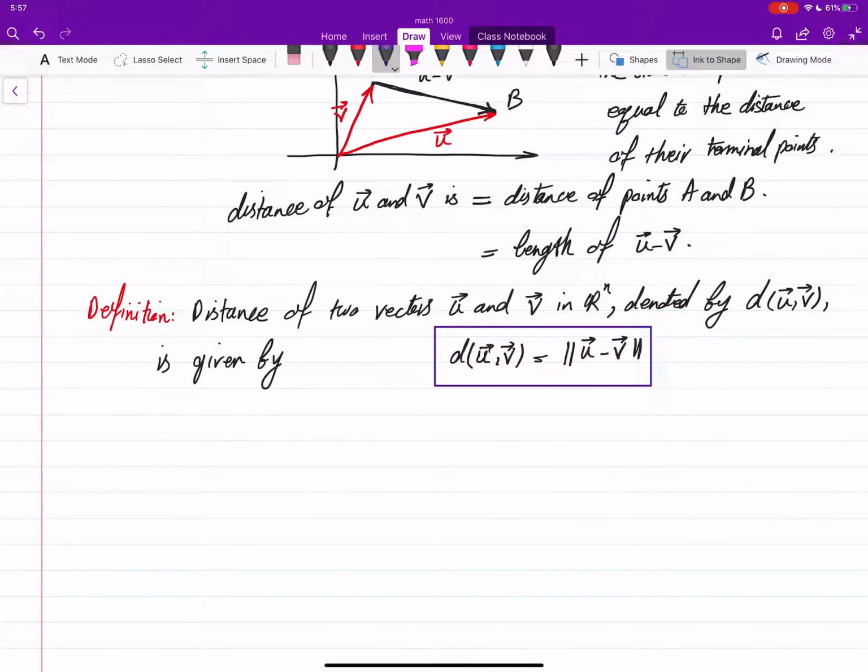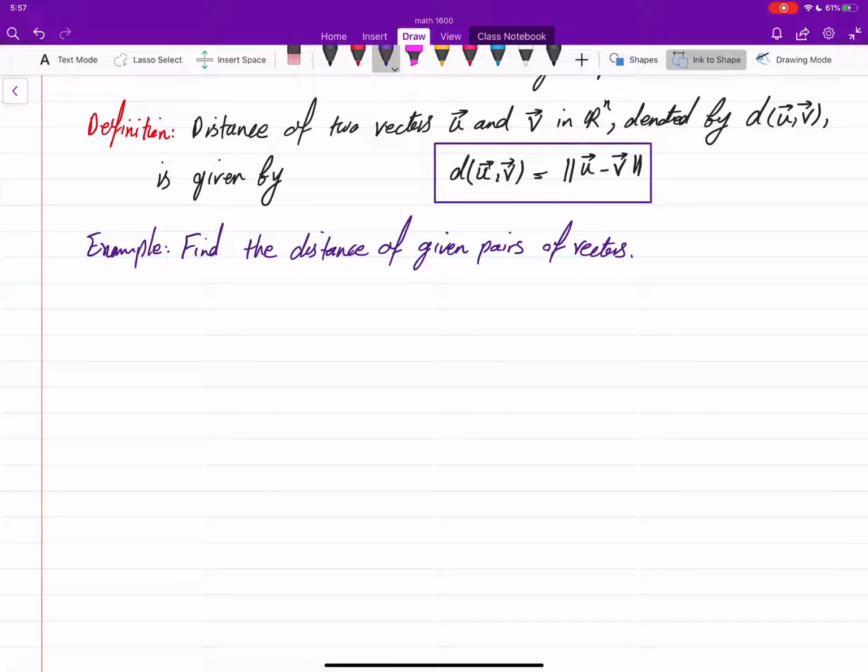So let's do some examples. Example: find the distance of given pairs of vectors. Okay, first one, I have two vectors here from R2: (1, 2) and (5, -1). Let me call this u, let me call this v.